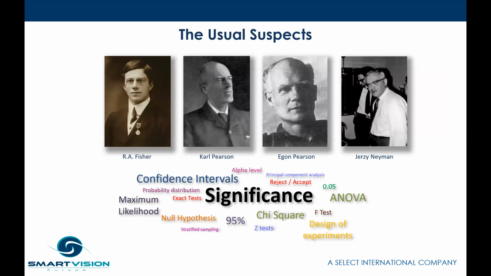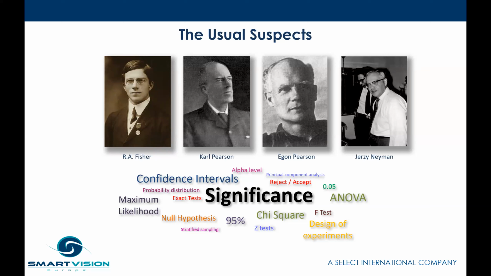So the people who came up with a lot of the terminology and the scaffolding around the architecture, if you like, of what most people are taught in universities when it comes to what we call frequentist statistics, the classic statistics that comes from the 20th century, were these guys here: R.A. Fisher, Karl Pearson, Egon Pearson, who's Karl Pearson's son, and Egon Pearson's co-worker, Jerzy Neyman.